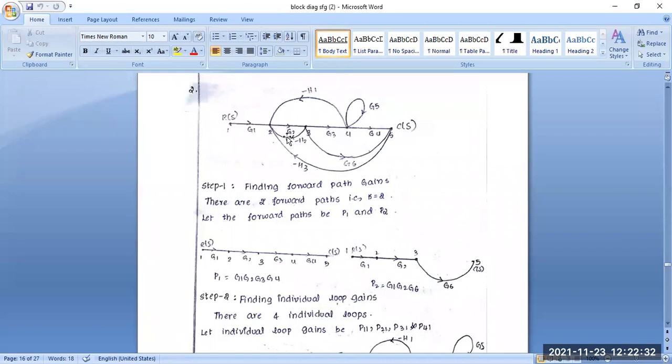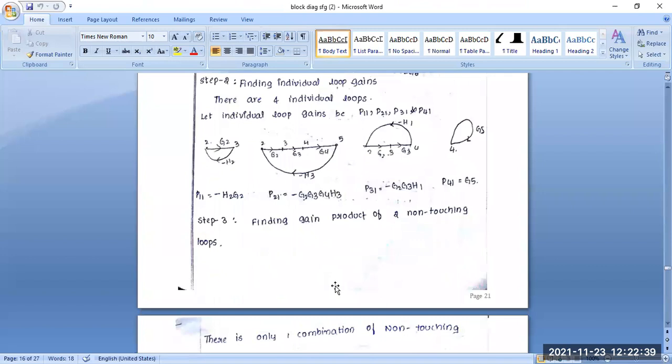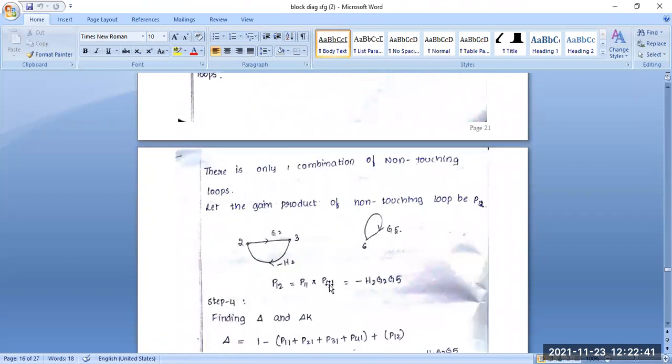These are the loop of nodes 2 and 3, and the single loop, the fourth. First one, we name it P12. This is minus H2 and G2, and the other one is this one, so we easily calculate this value, G5.